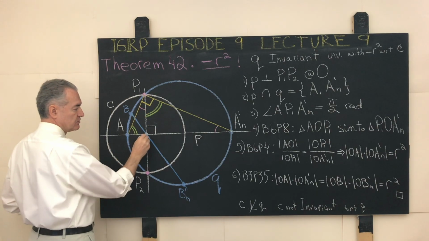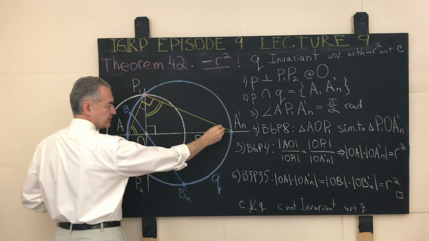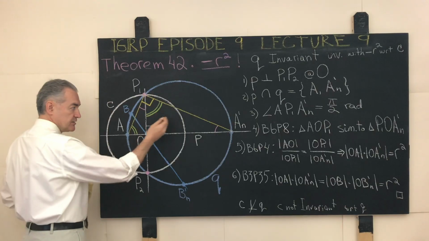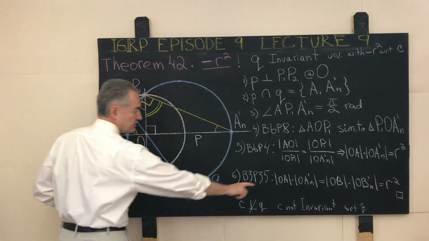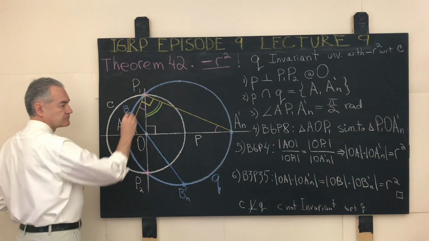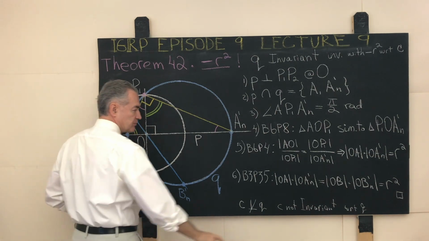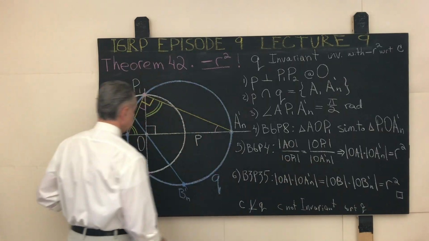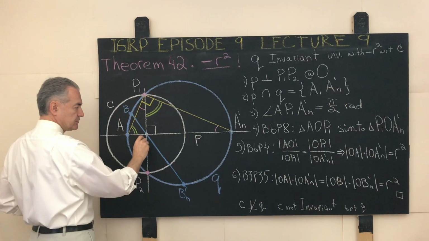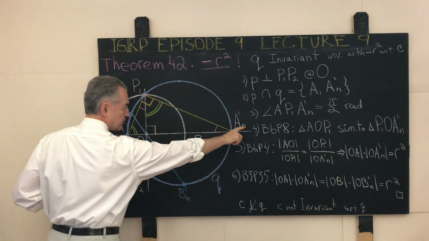To the side OP1 that lies opposite the corresponding red angle in the similar triangle. And then the length of the side OP1 will correspond to the side that lies against the green angle in both triangles, OA prime.